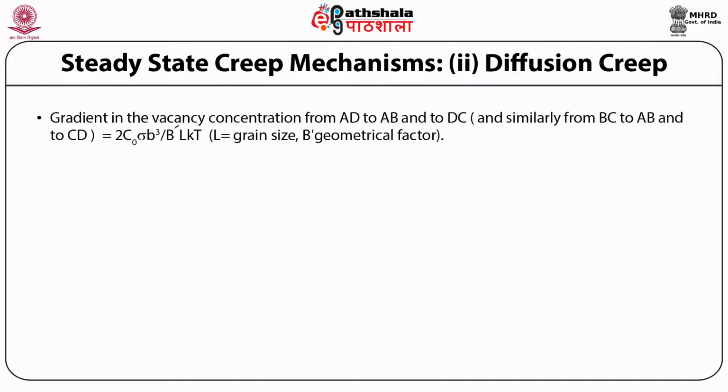So the gradient in the vacancy concentration from AD to AB and to DC, and similarly from BC to AB and to CD, is given by 2 C0 σ b³ divided by b′ L kT, where L is the grain size, k is the Boltzmann's constant, and T is the temperature, and b′ is a geometrical factor.